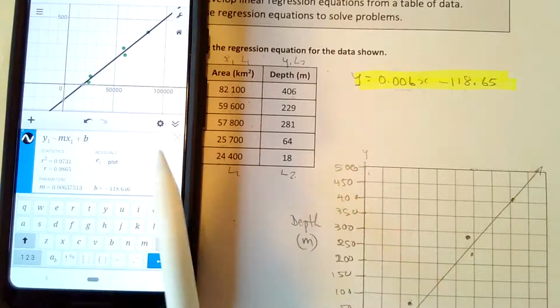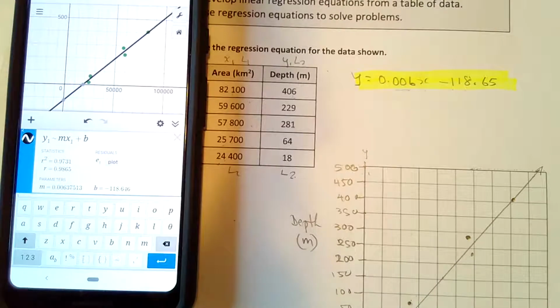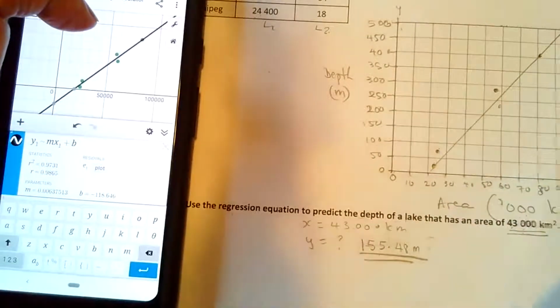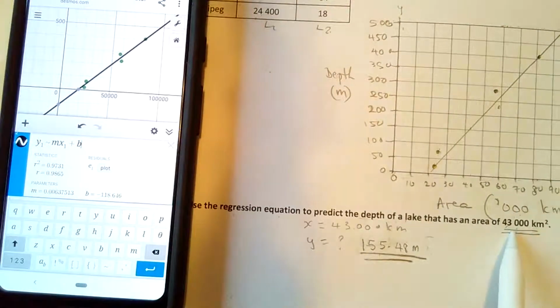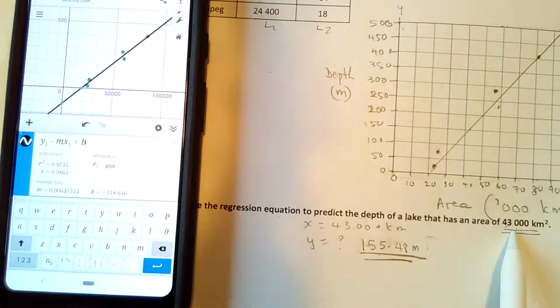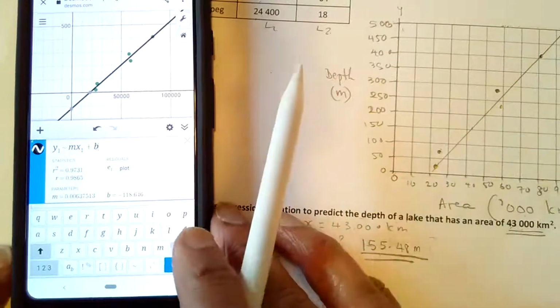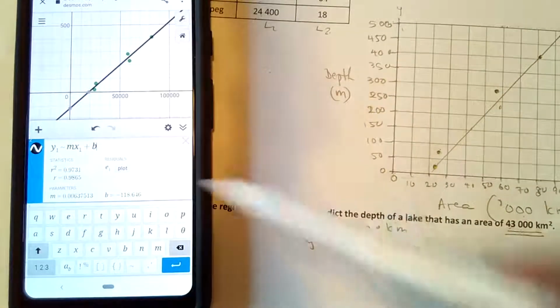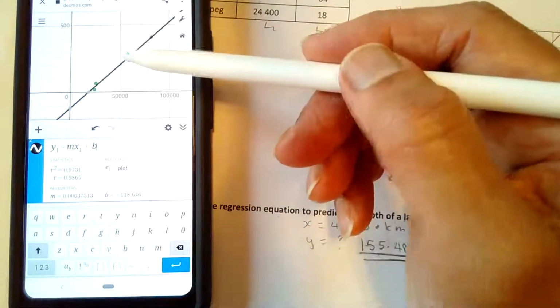Now, my next step now is to find out what is the value of y when I know my x. Now, if you can touch any one of those variables, you'll have the same thing.